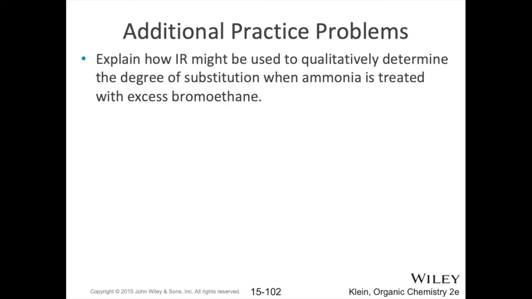Okay, explain how IR might be used to qualitatively determine the degree of substitution when ammonia is treated with excess bromoethane. So, if you have ammonia, which is NH3, you're swapping out those hydrogens with ethyl groups, and you're going to basically produce an ethylamine plus HBr.